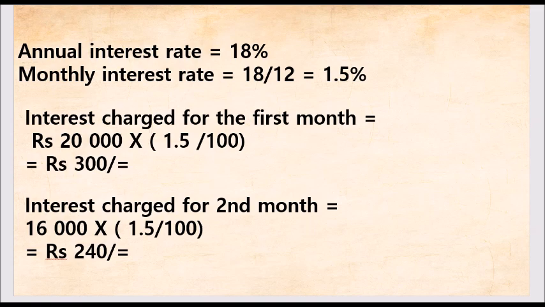What happened? It reduced by 4,000 because we have got that as 4,000. Then always month by month, the principal amount reduces by 4,000. So it's 16,000 in the second month. You have to calculate as in the previous part, 1.5% for the 16,000. The answer is 240 rupees.